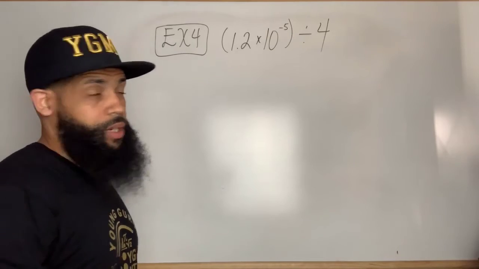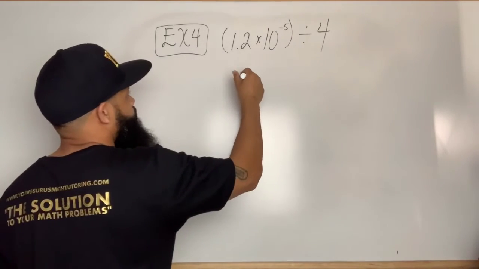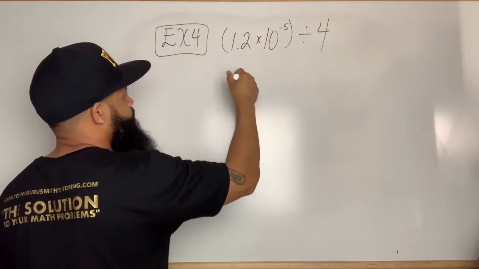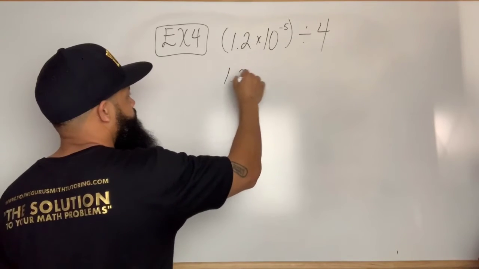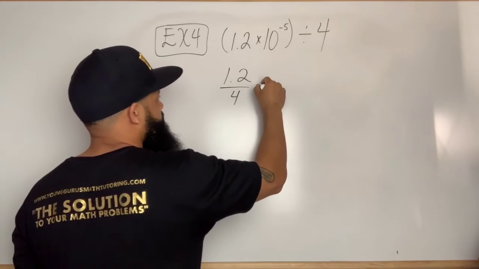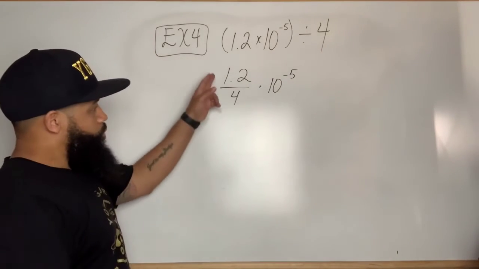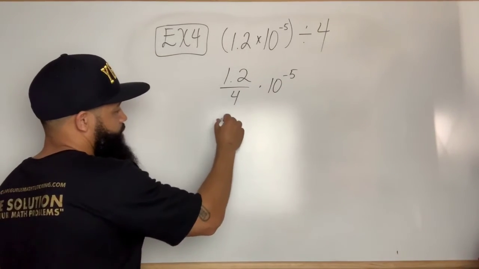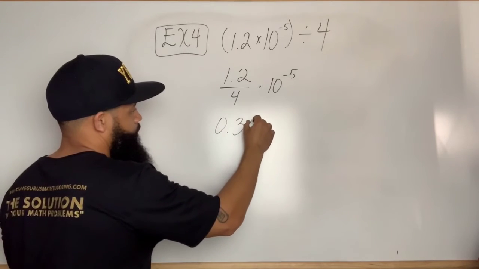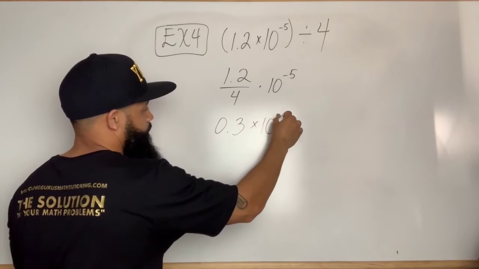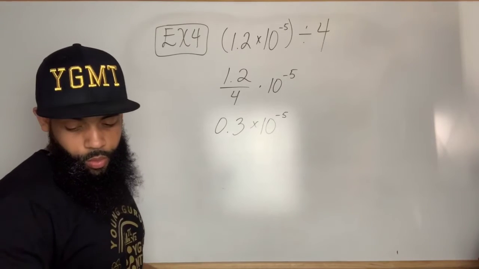It looks a little different. All we're going to do is write this one a little differently. I'm going to say 1.2 divided by 4, and then we're just going to take that times 10 to the negative 5th power. 1.2 divided by 4 is actually 0.3, and then times 10 to the negative 5th power.